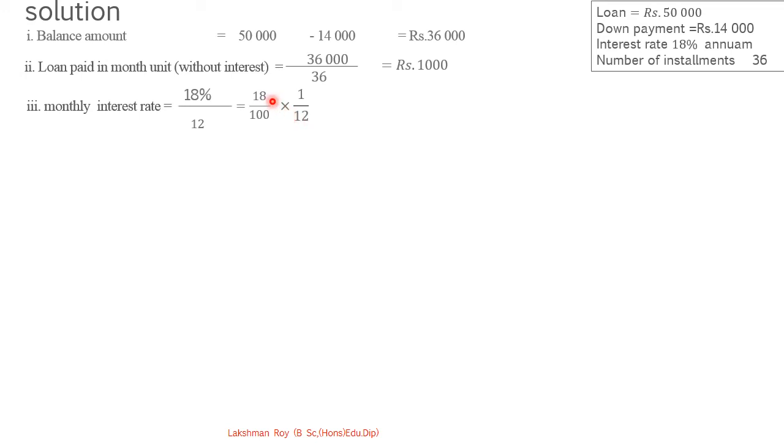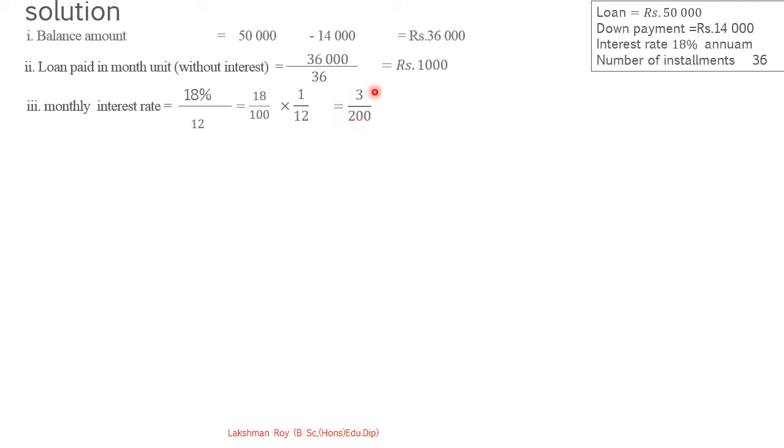You can see here 18 and 12 can easily be simplified by the number 6. So this one has 3 sixes, 3 into 1, that is 3. This one has 2 sixes, 2 into 100, that is 200. So this is the monthly interest rate, 3 over 200.